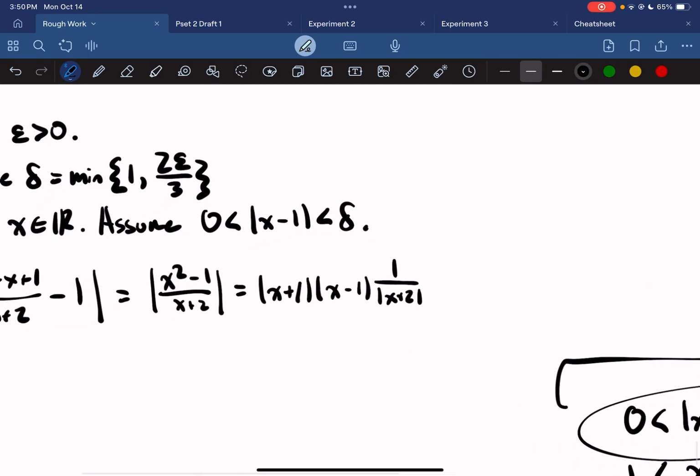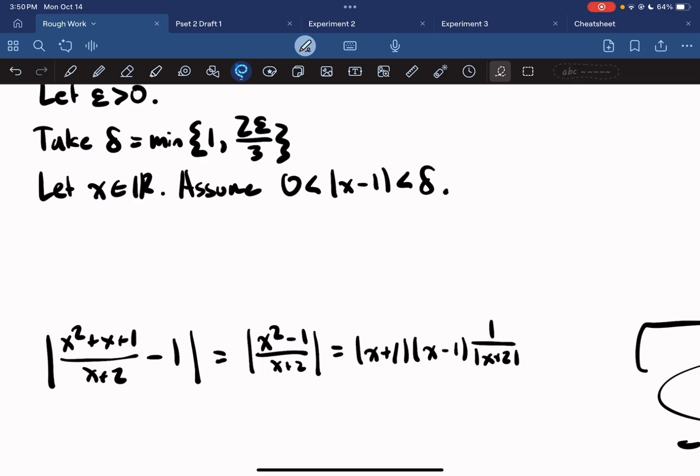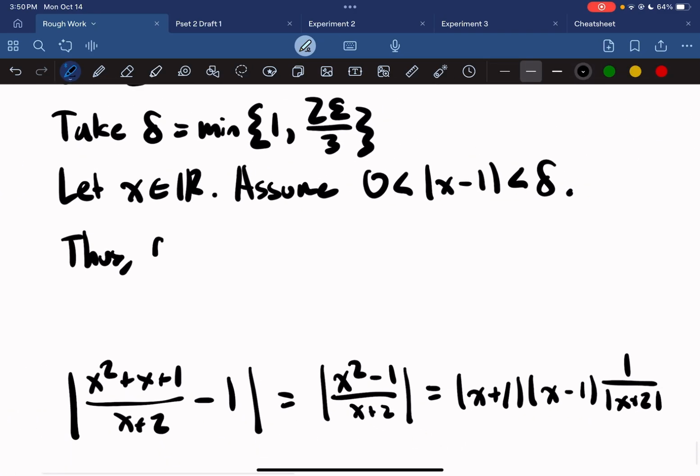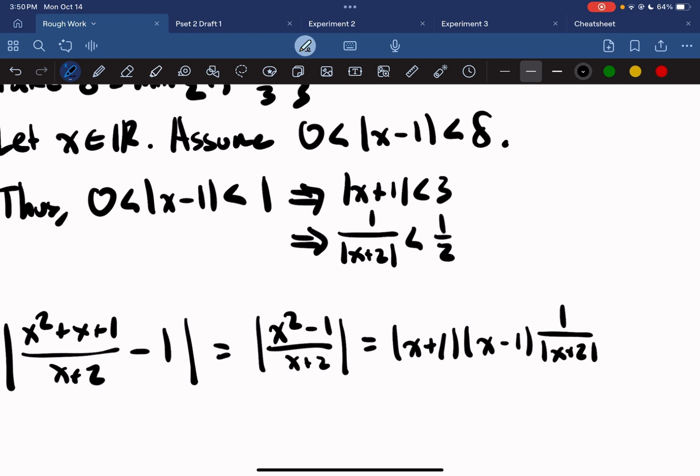It might help the reader if you, as part of this, say thus. This is not necessary in any way whatsoever, but we can just say thus this is true, which means we can say that x plus 1 is less than 3, and 1 over x plus 2 is less than 1 over 2.